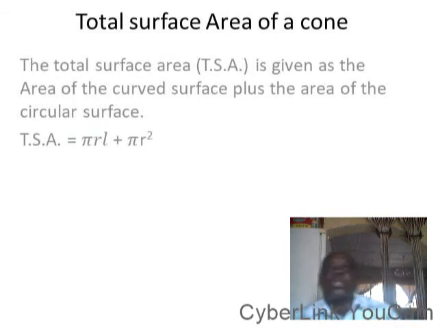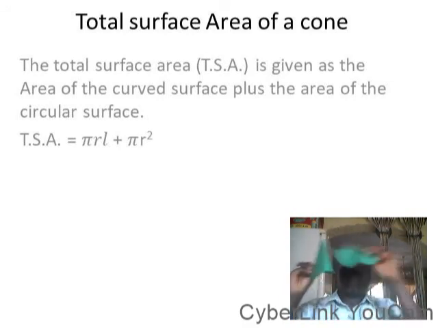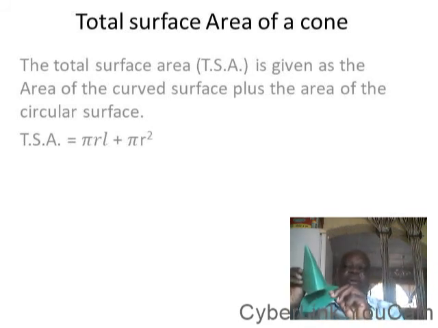Now we talk of the total surface area, TSA. The total surface area of a cone is given by two factors. One, the curved surface, which we have just discussed, and the circular base, which is a circle. Look at it, this is a circle. You put this circle under this, you cover it. You have the circular base, which is this, and the curved surface.